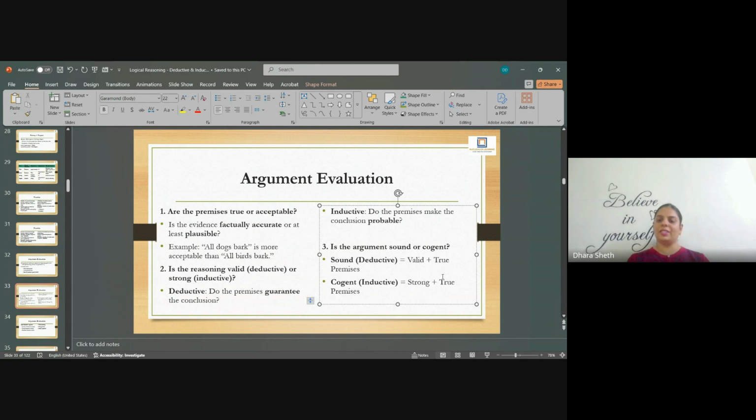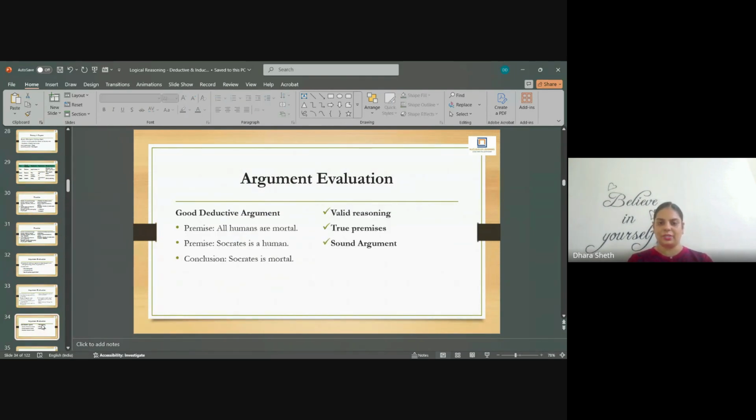And for inductive, it is strong plus true premises. These are the steps for evaluation of argument. So basically applying what we have learned so far is called argument evaluation. A good deductive argument has valid reasoning, true premises, and is a sound argument.